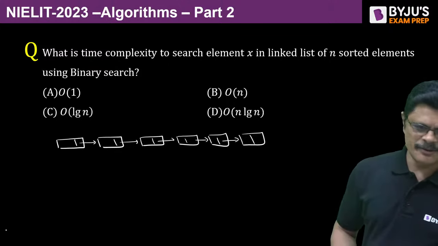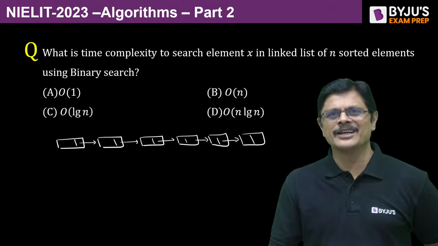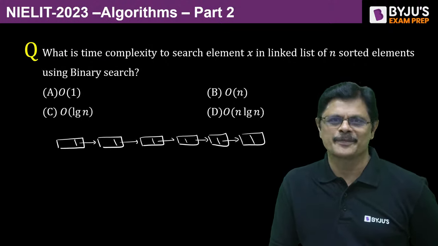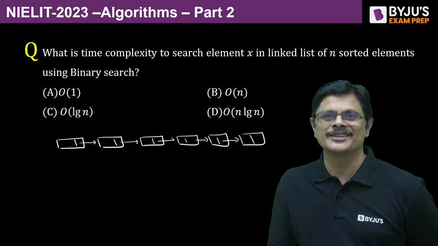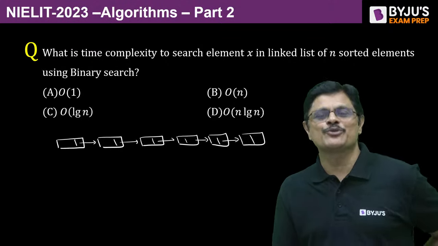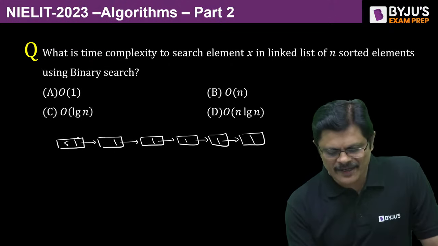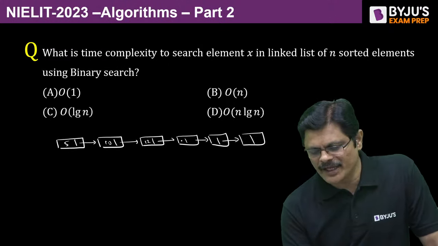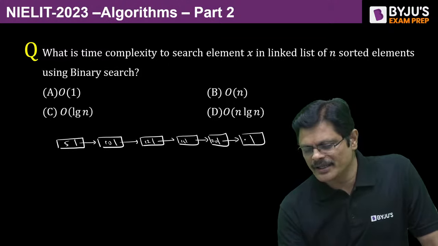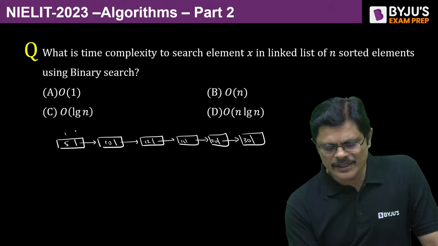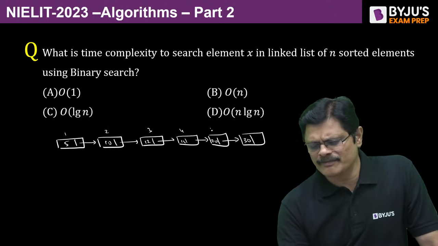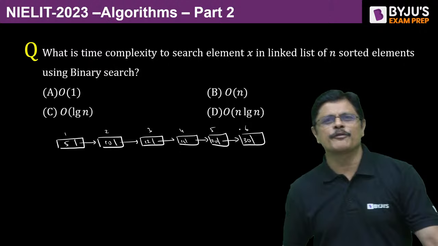It is applicable, sir. Why is it not applicable? But you have extra work. So let us see how much work you do. Suppose you are having 5, 10, 12, 15, 20, 30. So the indices, the numbers 1, 2, 3, 4, 5, 6.